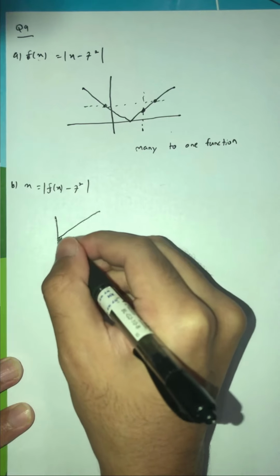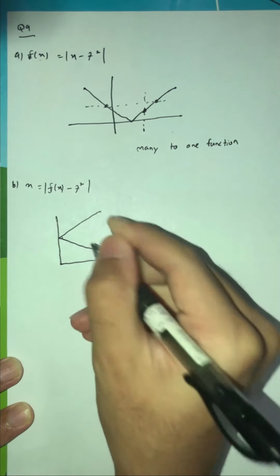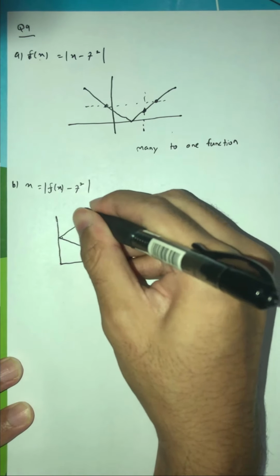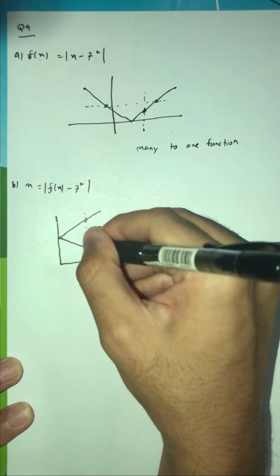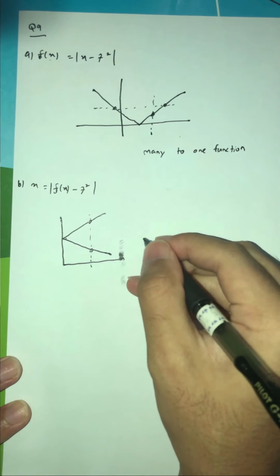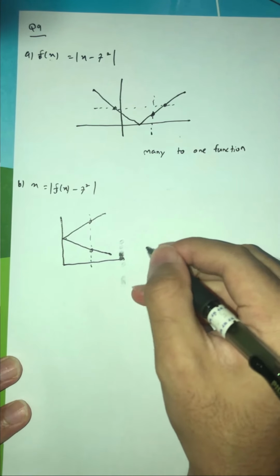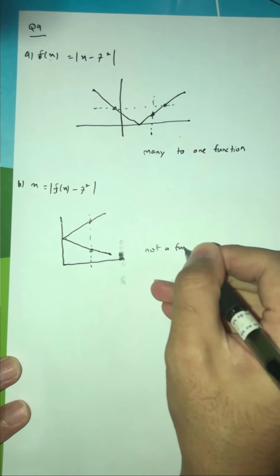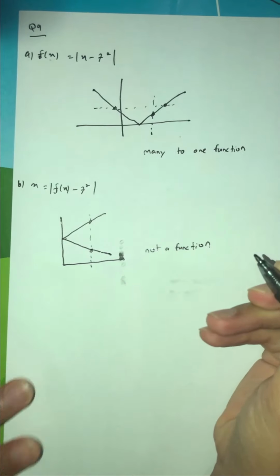So you have something like this. Try yourself. So the vertical line test has more than one intersection, so it is already not a function. So you don't need to do the horizontal line test, just the vertical line test. So this is not a function. Okay.